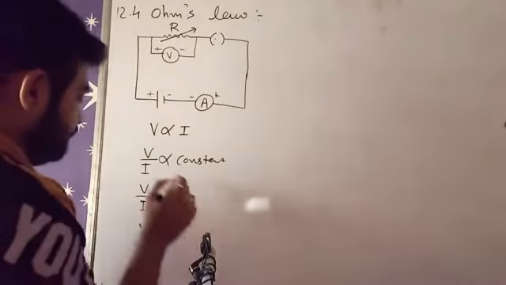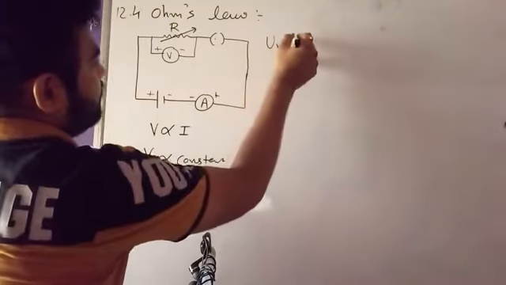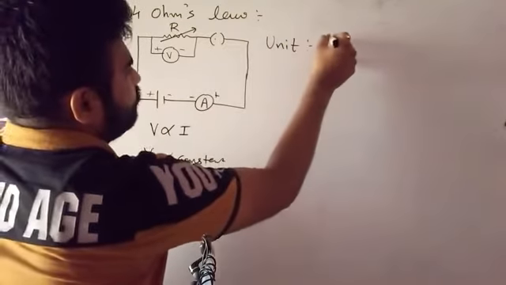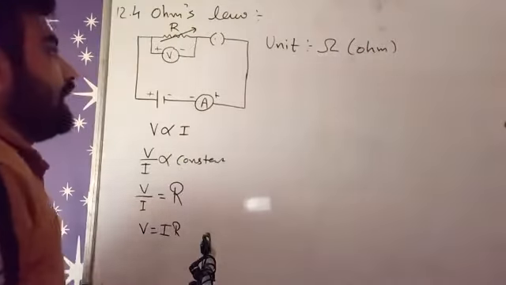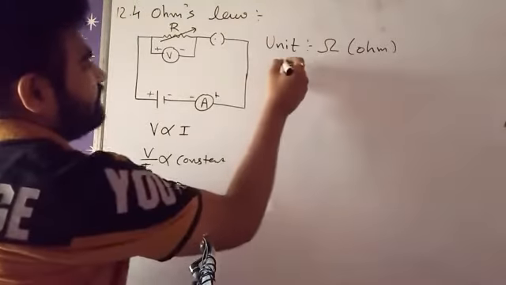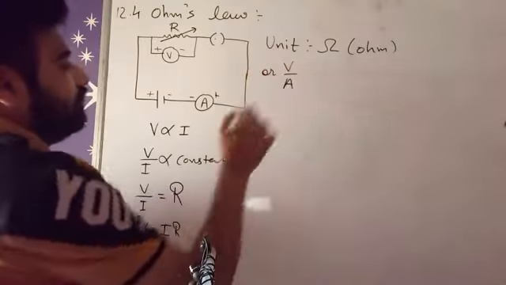Now by this equation, the unit of resistance is the ohm, and the other unit of resistance is volt upon ampere.